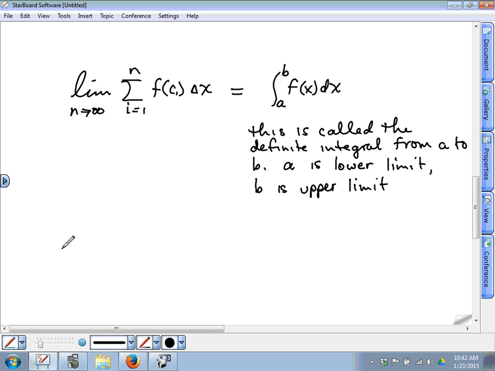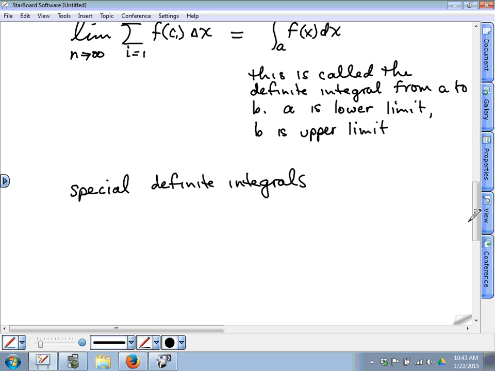So just a couple of special definite integrals. These are just best to memorize. These are actually pretty self-explanatory, at least the first one is, if you think about it this way.